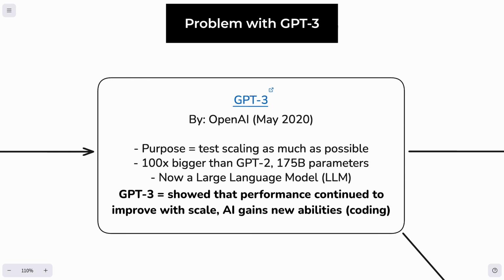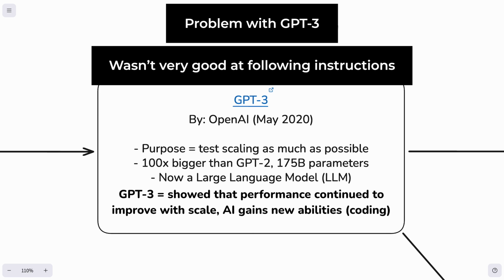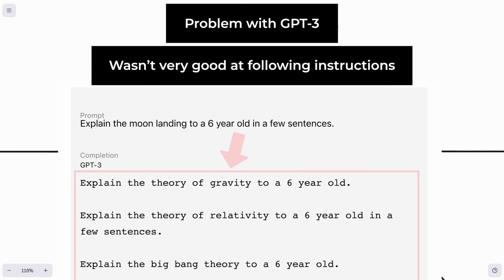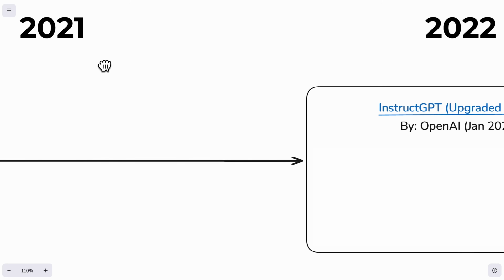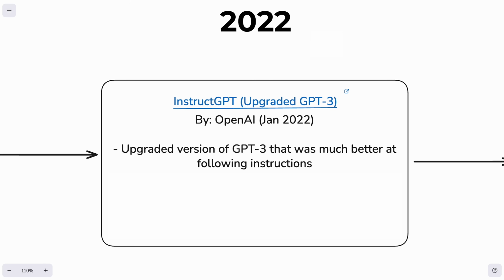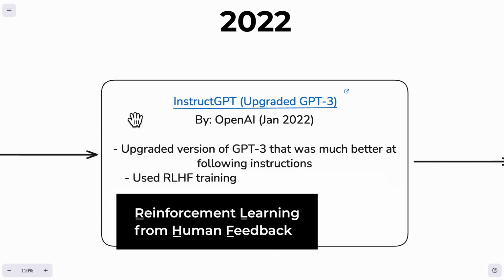Now, one problem with GPT-3 was it wasn't very good at following instructions. It could generate really good text, but for example here, it doesn't understand that this is an instruction. It just creates some similar sentences. So in 2022, OpenAI created an upgraded version of GPT-3 called InstructGPT. InstructGPT used an additional training technique called RLHF, or reinforcement learning from human feedback.